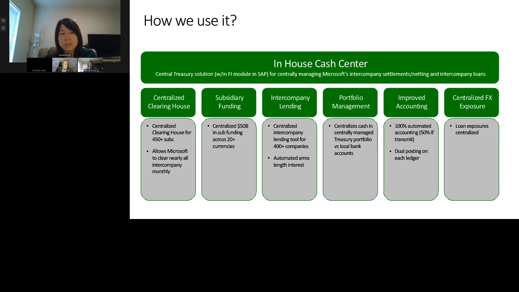First, I completely agree with Peter that the function has been extensively used, and by us as well. One of the key benefits of the in-house cash center is non-cash intercompany settlement, for example commission, dividend, royalty payment, and also the ad hoc cross-charge.